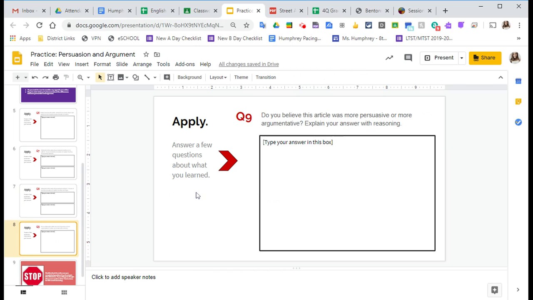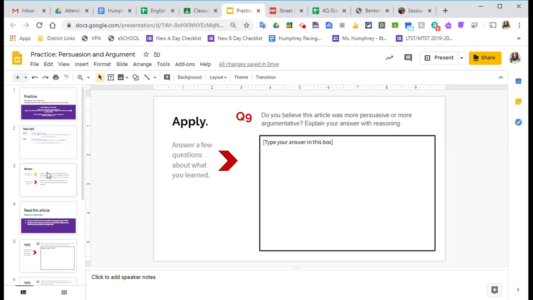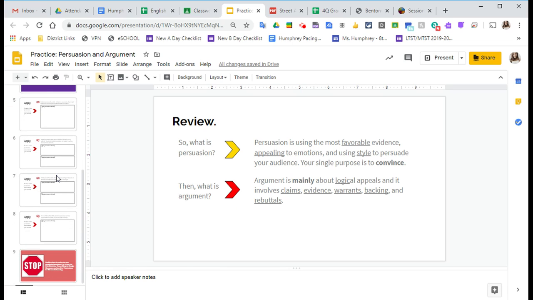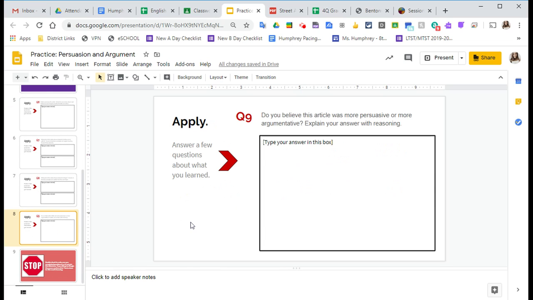When you get to question 9, though, it is going to ask whether you believe this article is more persuasive or more argumentative. So again, go back and look at the big differences between persuasion and argument. And if you need to go back to the introduction slides from Monday, Tuesday, do that. But it wants you to decide whether it's really more persuasive.